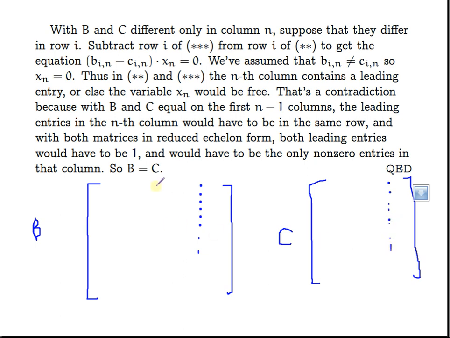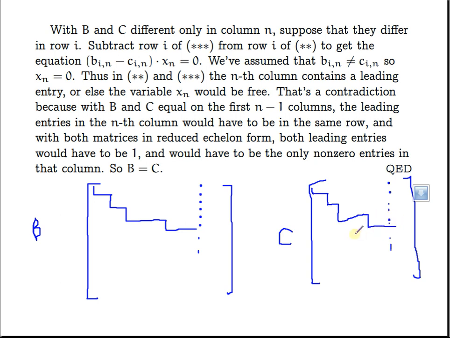Now remember, all the entries to the left in B are equal to the entries to the left in C. Now we already have B in reduced echelon form, so we have this stair-step form. And we must have the very same stair steps in C, because these two matrices agree. So I'm going to try to eyeball it. So we're going to have the very same stair steps.